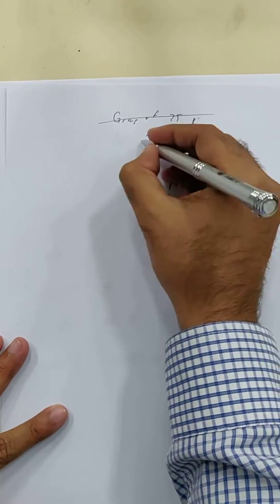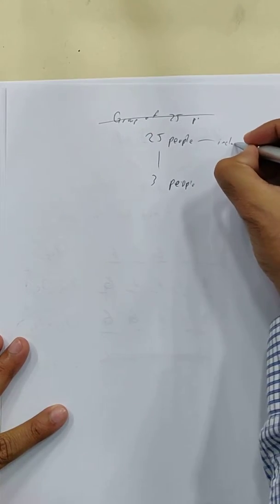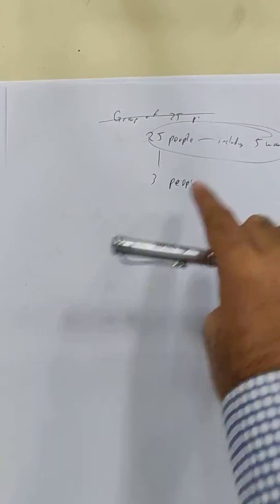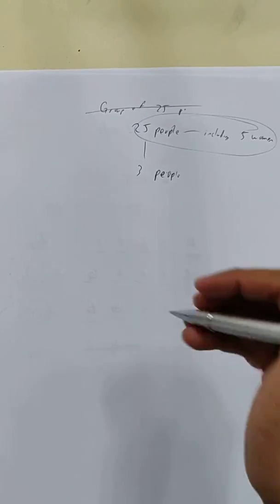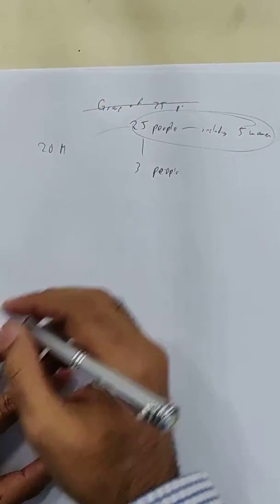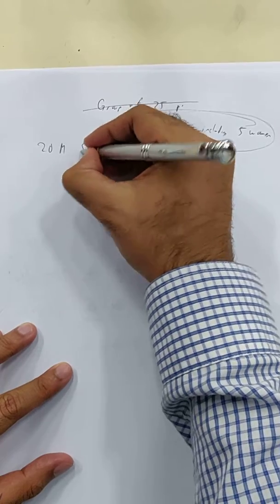And you were told this: 25 people including 5 women. What can you make from here? What do you understand from here? It means 20 are men, 5 are women.